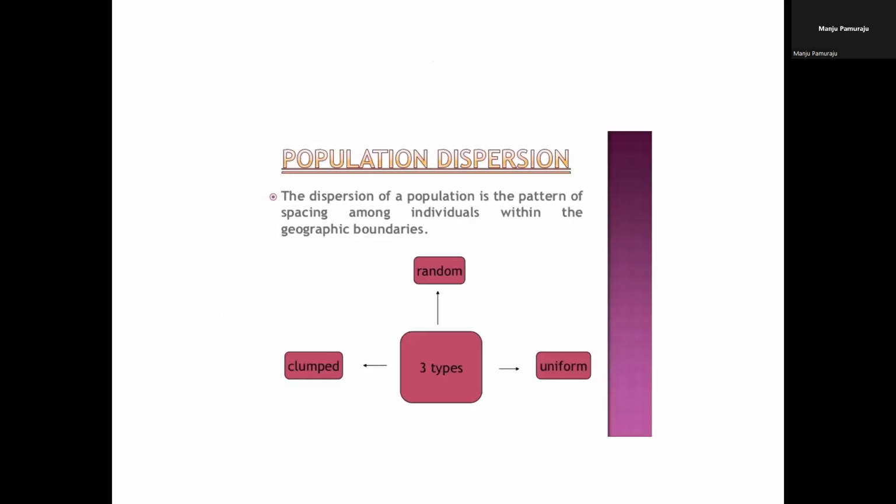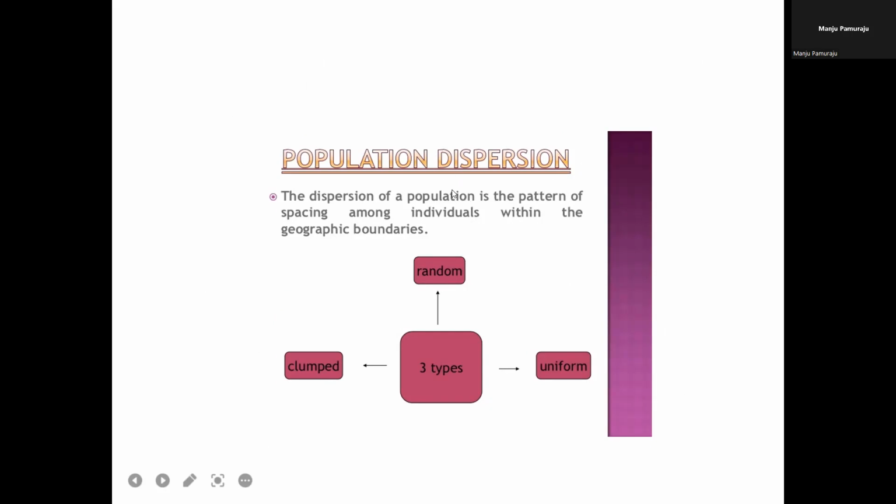The next characteristic of population ecology is dispersion. Dispersion is the pattern of spacing among the individuals within the geographical boundary. Here it is the arrangement, that is, how they are spaced, how they are living, how they are arranged in a particular area. The dispersion of a population is the pattern of spacing among individuals within the geographical boundaries.